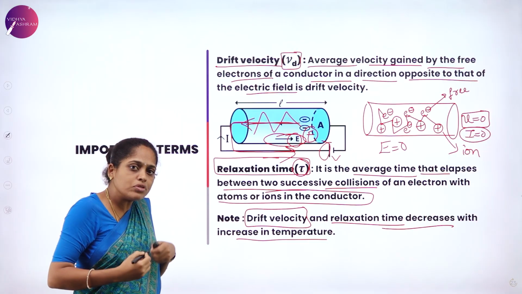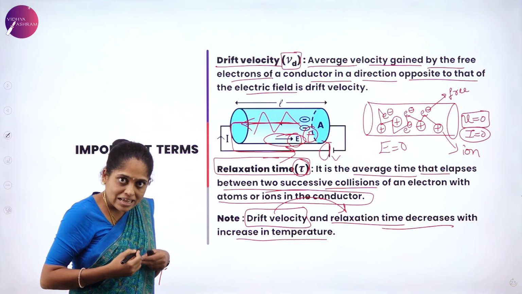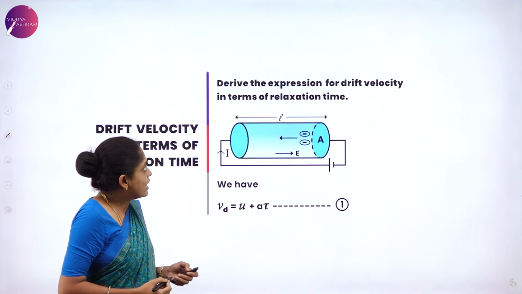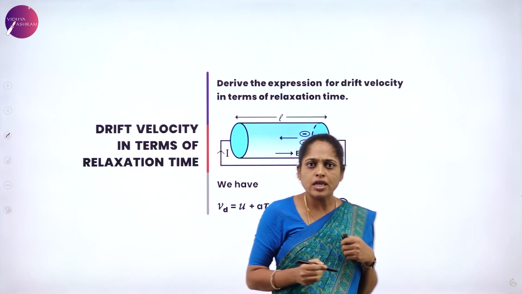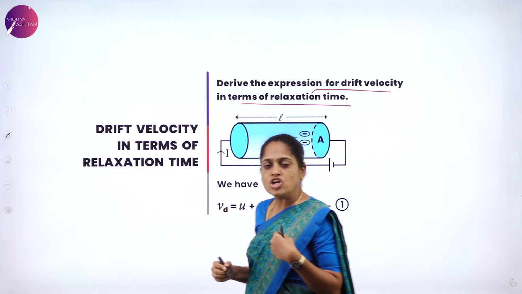Let us see how the drift velocity depends on the relaxation time by deriving the expression for drift velocity in terms of relaxation time.